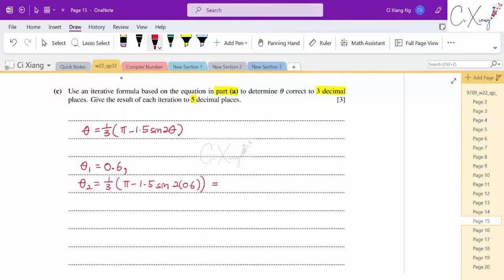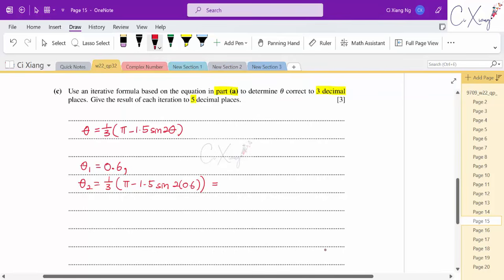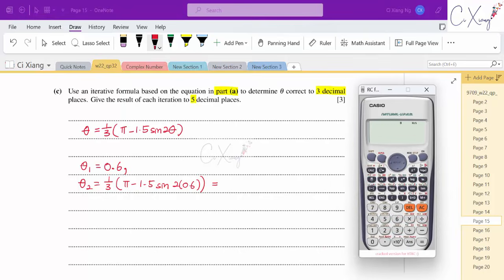We can actually use the calculator to help us get the value. So let's try to key in the formula here. We have pi minus 1.5 sine 2x, divided by 3. This is my iteration formula.